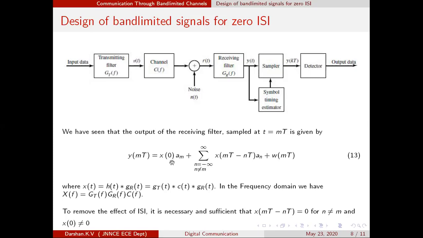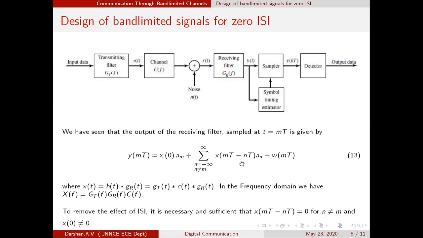So what is this? 0th sample value of x of t. You cannot make this 0. It should be a positive value. But other samples of x of t should be made 0. In other words, except the 0th sample, all other samples of x of t should be made 0.